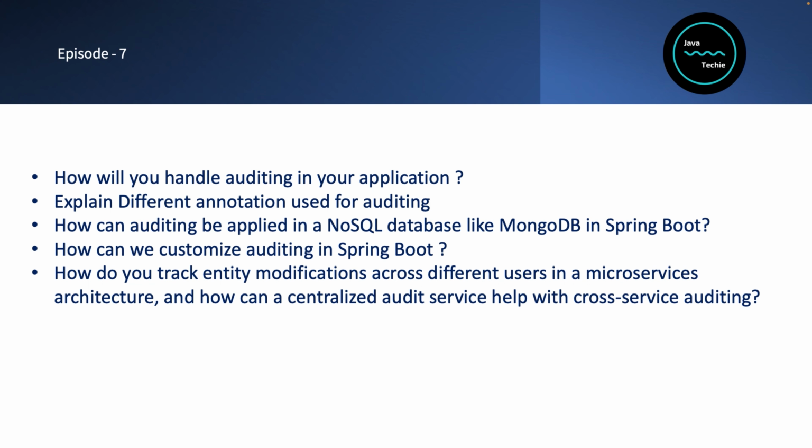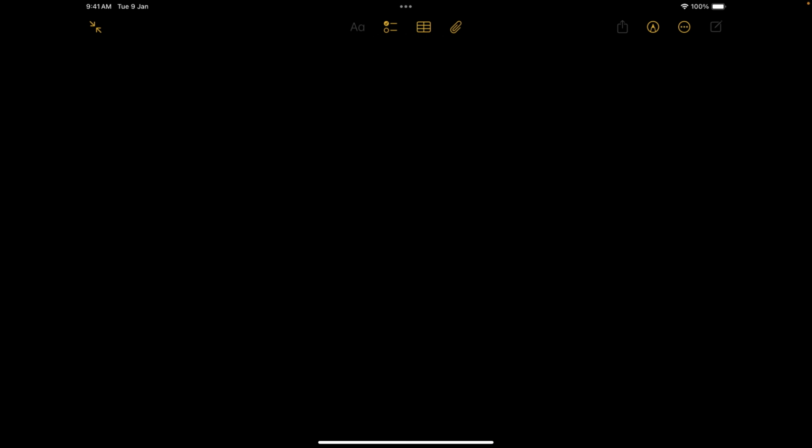Okay, so since all are isolated microservices, for that you can go for a distributed audit service mechanism or a centralized audit service mechanism. Now imagine you have something called an item entity, and this item can be modified by different systems.